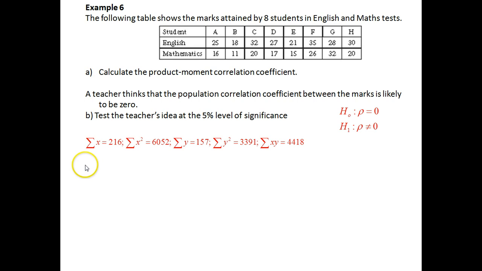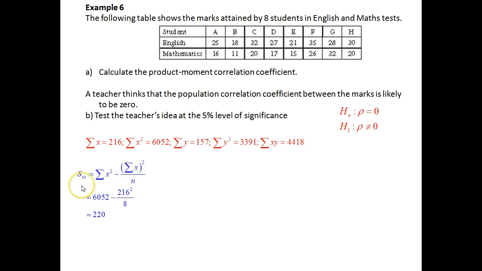First of all, we need to calculate all our sums: the sum of x, the English marks, the sum of the x squareds, the sum of y, the mathematics marks, the sum of the y squareds, and the sum of the product of each pair.